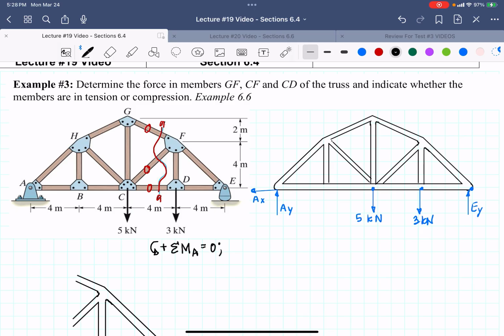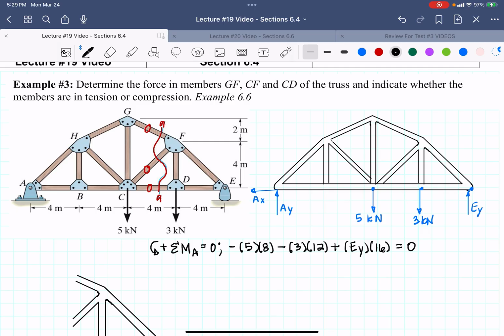So I've got the 5 kilonewtons, which is negative because it's going clockwise, 5 times 8. The 3 is also negative, and it is times 12. And then I've got EY is positive, and it is 16 meters away.